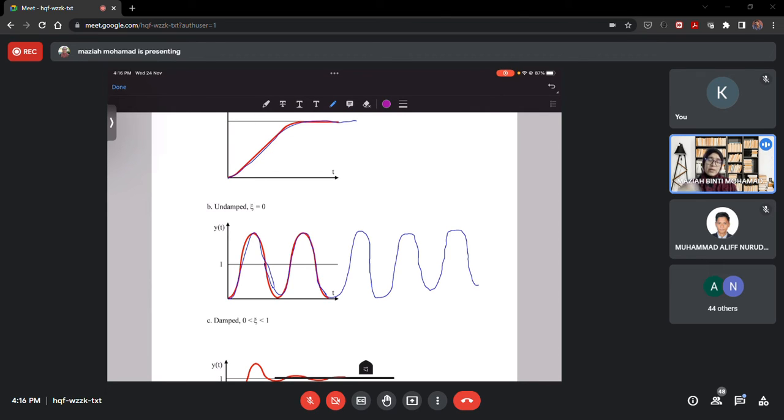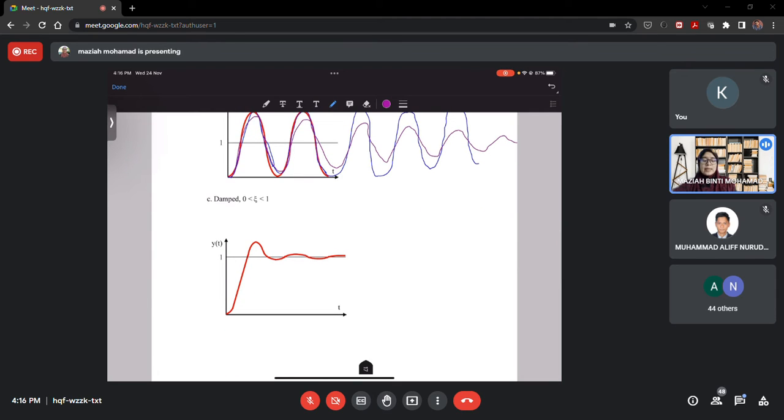Okay, so if there is damping, maybe a low damping, we expect to have some reduction, so that it will slowly reduce the amplitude and then settle at the final value. But if there is no damping, that behavior will not occur in our system.